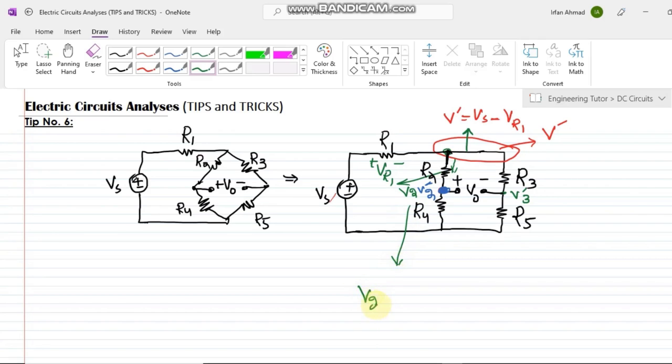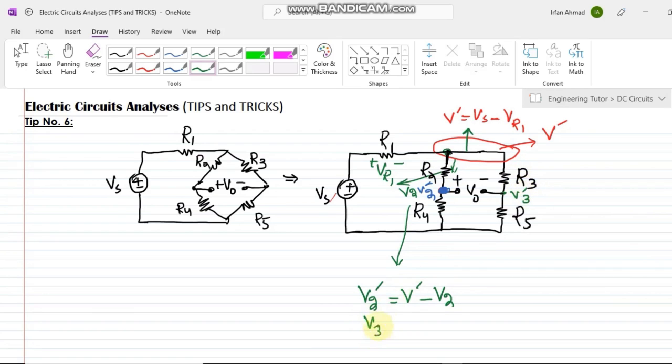The V2 prime will be equal to V prime minus V2. V prime is this voltage minus the value of this V2 which is consumed across this one. Okay, similarly, what will be the value of this V3 prime?